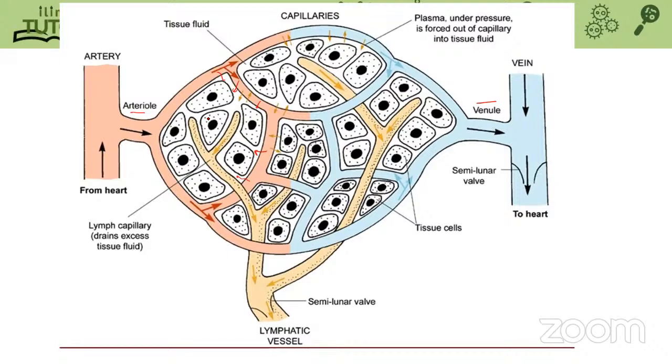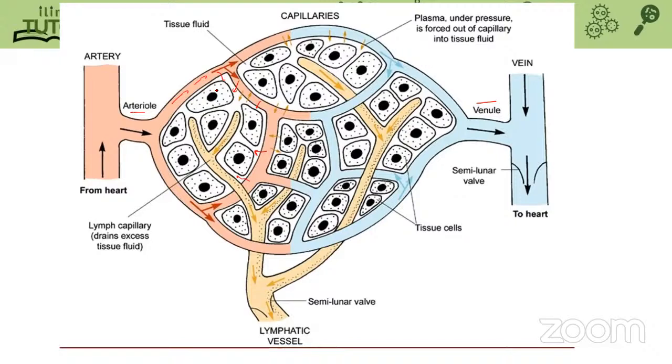because normally the water concentration within the tissue space is higher than what we have in the blood in this particular region. Okay, so you do expect that water should actually be moving from the tissue fluid into the blood.